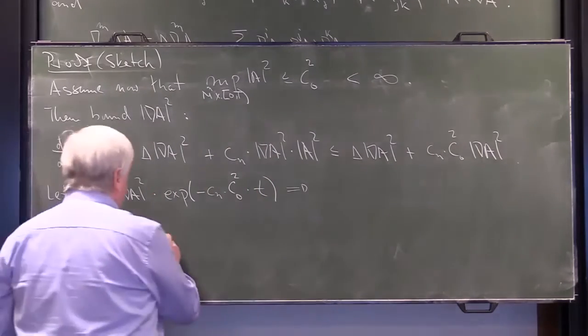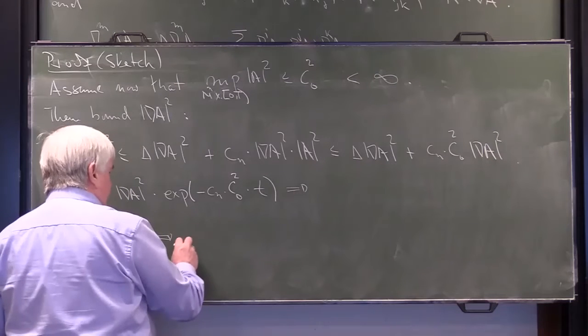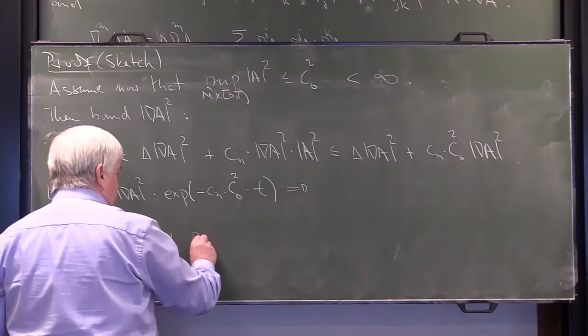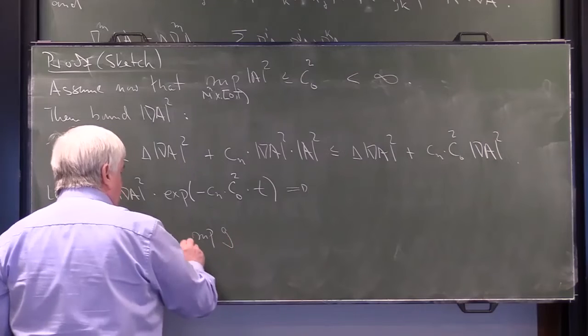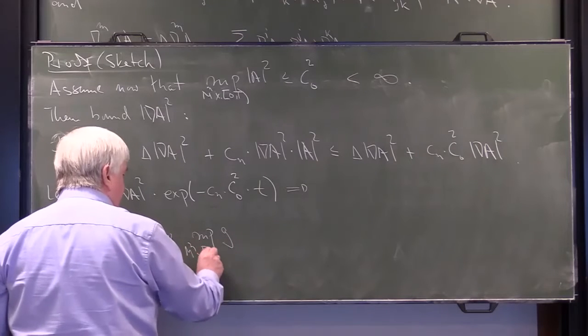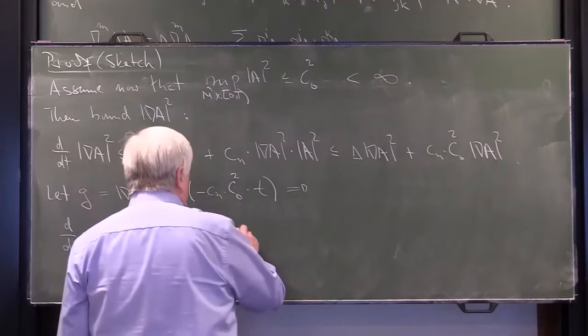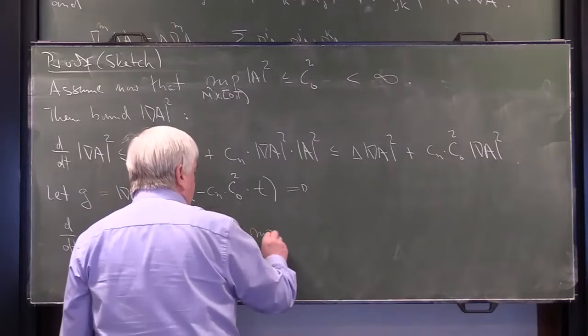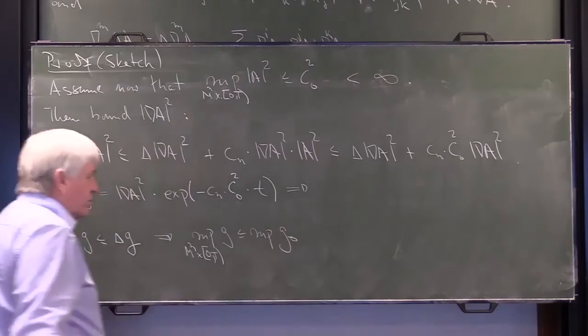So this means that G, by the maximum principle, the sup of G on M_n cross 0 to T is bounded by the sup of G at 0.